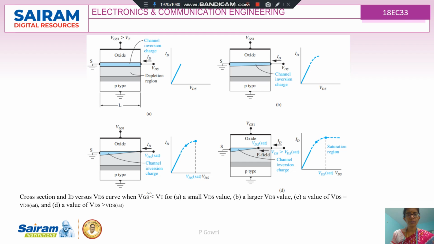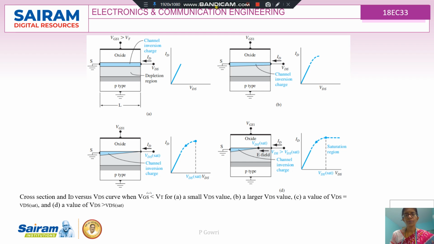Once the inversion layer is formed, a path is established between the drain and the source. Now the channel acts as a resistance, a voltage controlled resistance. That is, if I increase VDS, my output current will change, and the device acts as a resistance.